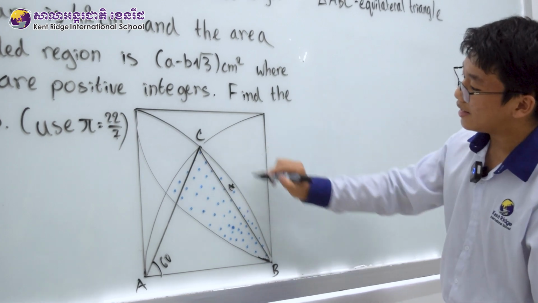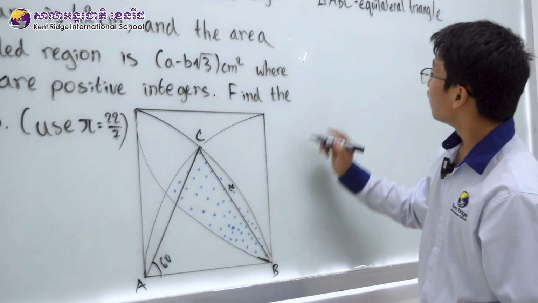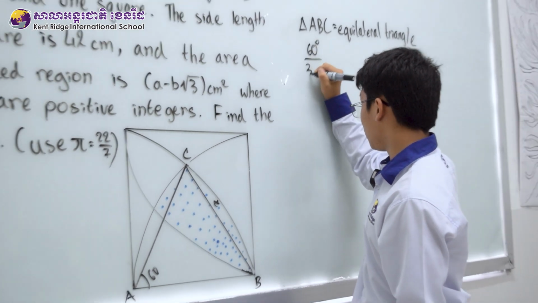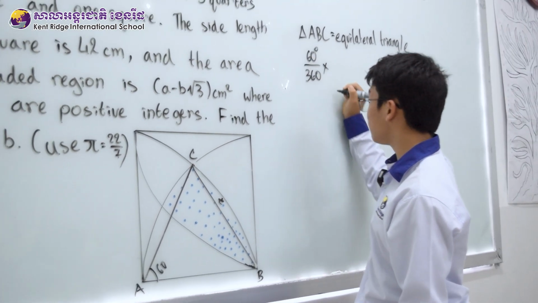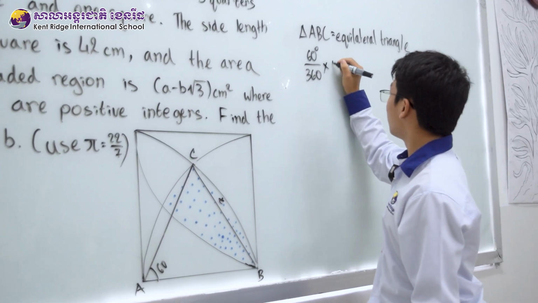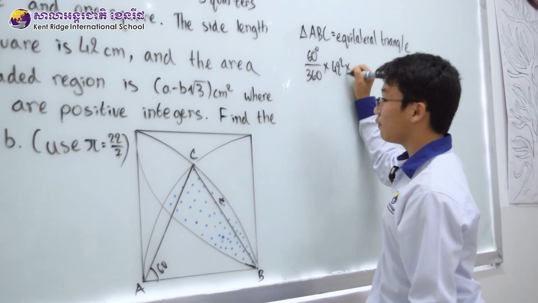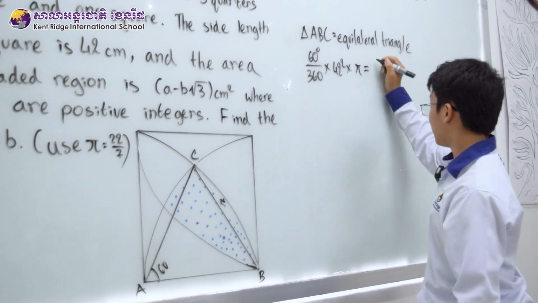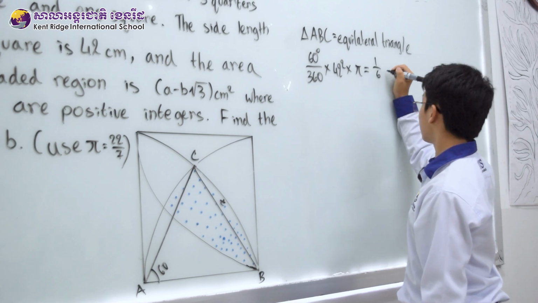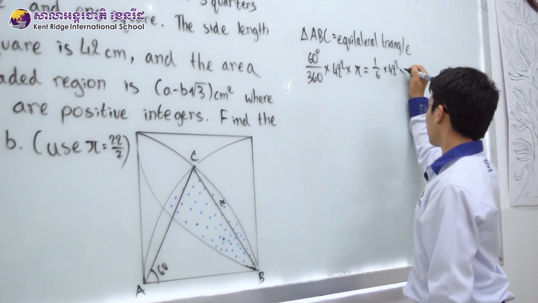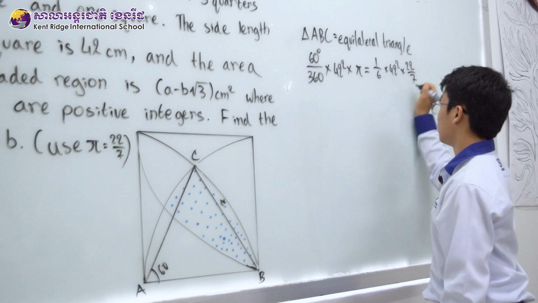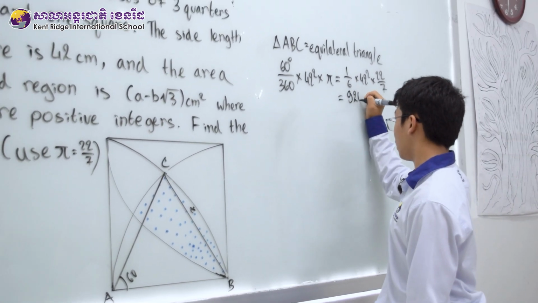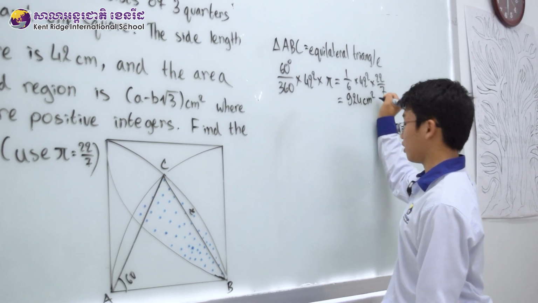So in order to find this area, we take 60 degrees over 360 times the radius 42 squared times pi, which we'll get as 1/6 times 42 squared times 22/7, which equals 924 square centimeters.